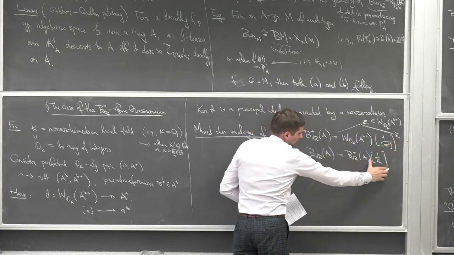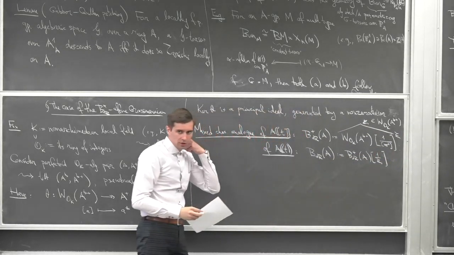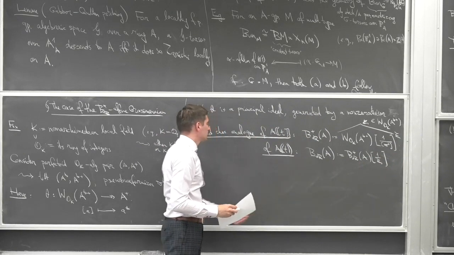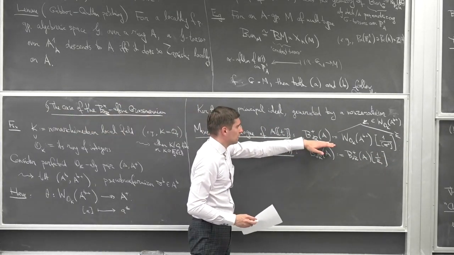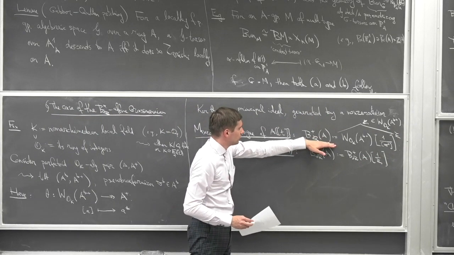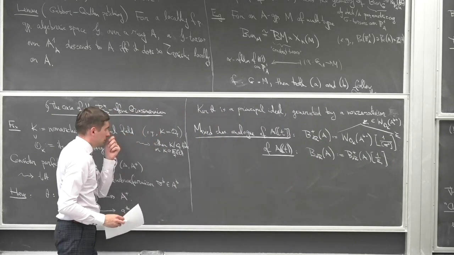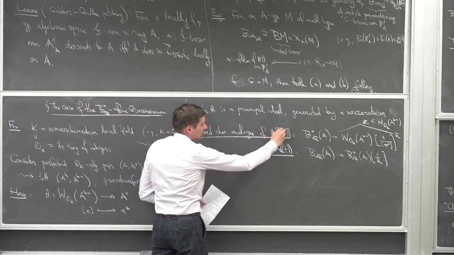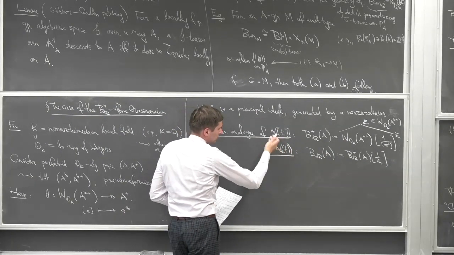And then you invert it, and you get this B_dR of A. So if A plus is a perfectoid field, then B_dR plus of A is a stipulation ring, and B_dR of A is a structure. Just like K double brackets t is a stipulation ring, and K double brackets t is a structure.